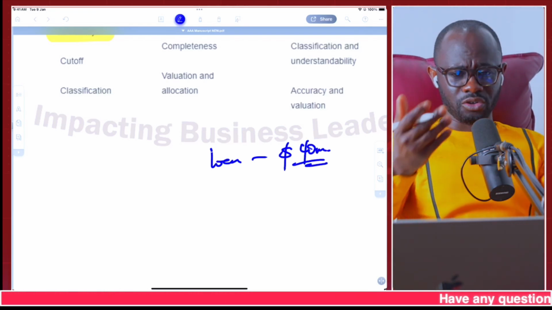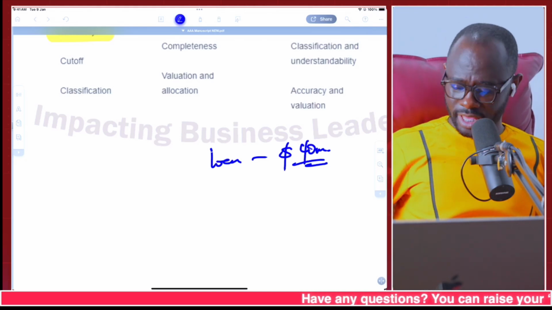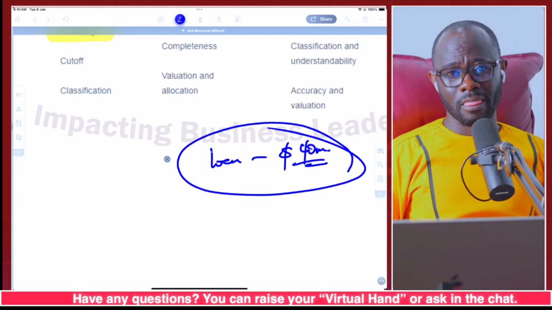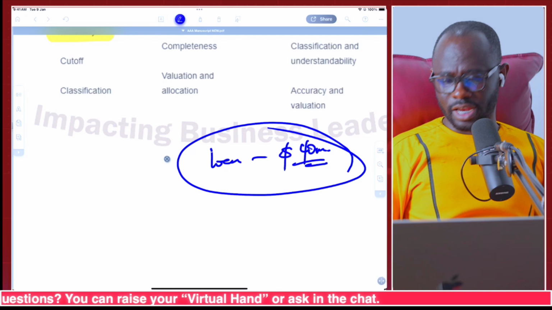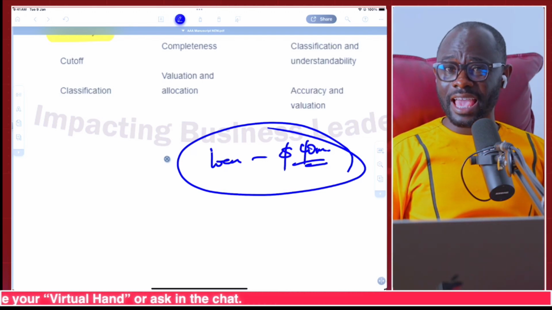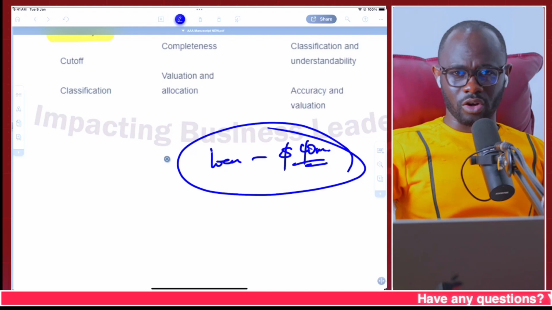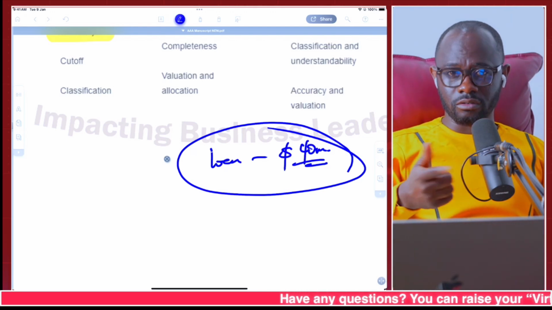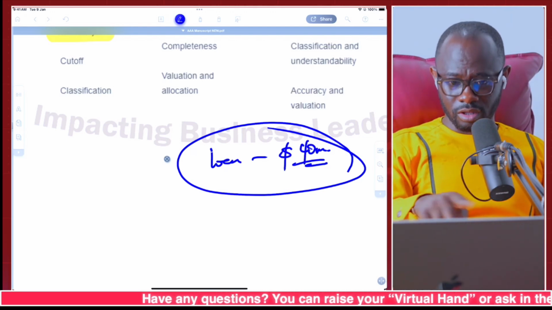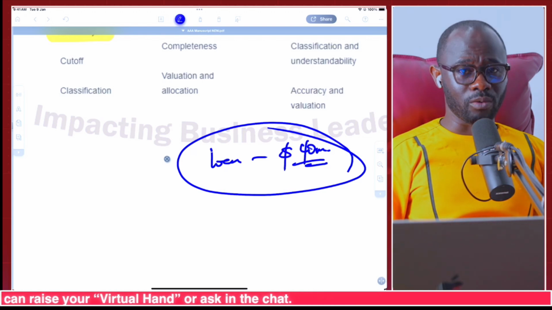What procedures do you carry out as an auditor? There is a loan of 40 million. What procedures do you carry out? Number one, did they actually take the loan? So you want to review the board minutes or the management minutes for the authorization or approval of the loan. Procedure number one.